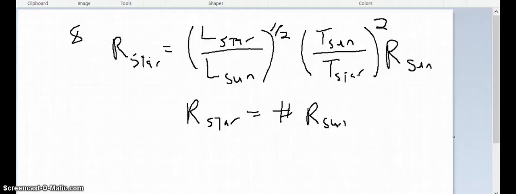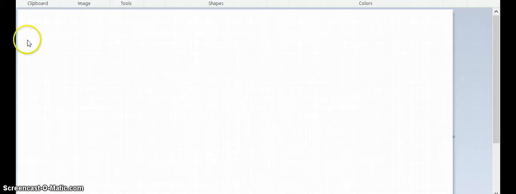All right, let's go on to number 11. So for number 11, here's the hint. This is the Doppler shift, or the Doppler effect. This is the equation for it.